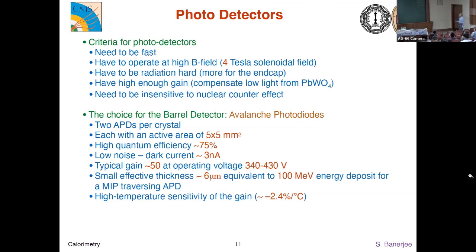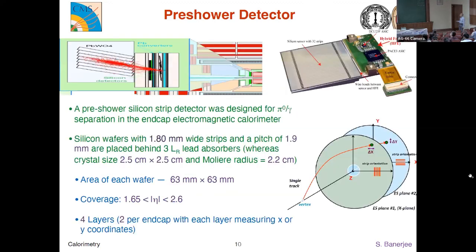I'll come to what happens when we say that. Now, for the avalanche photodiodes, we need a really high gain and not so much radiation hardness. Radiation hardness comes in, but the efficiency and the noise are the more critical issues. And for that, the avalanche photodiodes were the best ones.